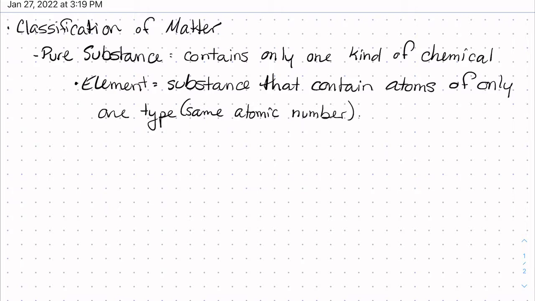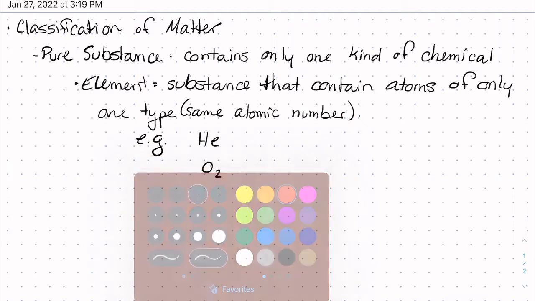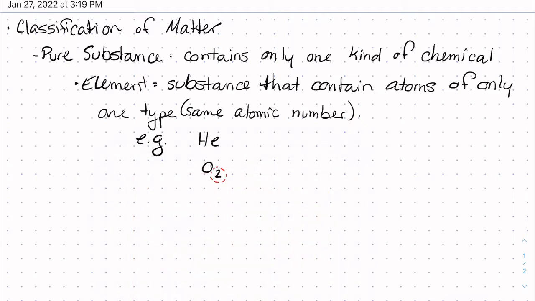So a few examples of elements might be helium, which would just have the formula He. Oxygen is what we call a diatomic element, meaning that oxygen exists sort of in pairs, that the atoms always come 2 by 2. Remember that this subscript in our formula tells you the number of atoms of that element.